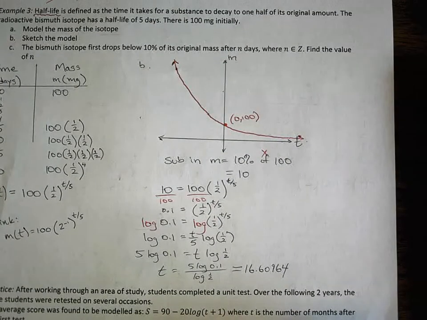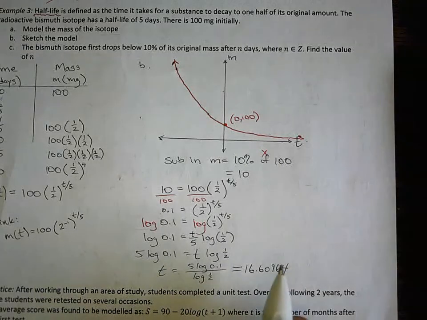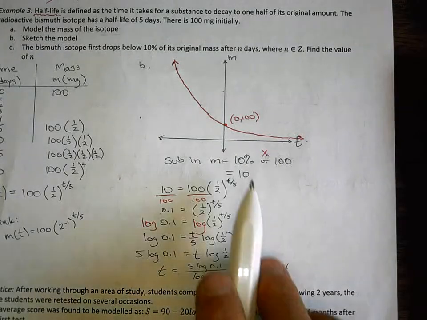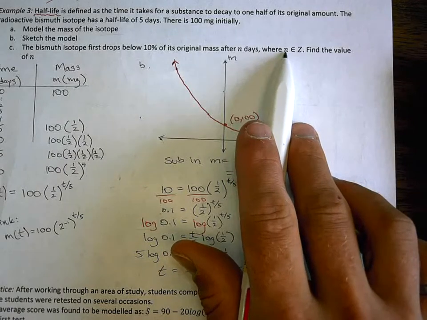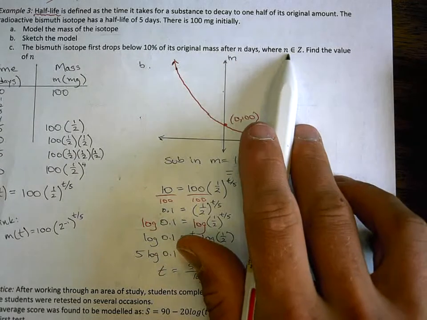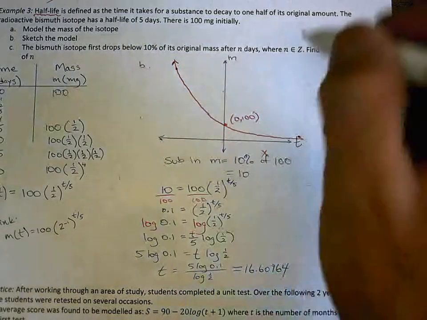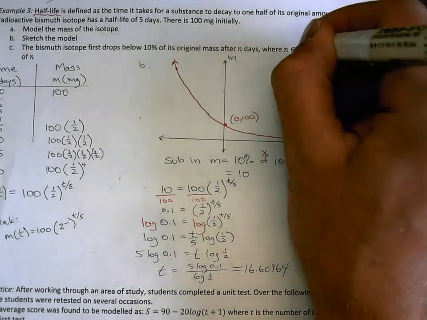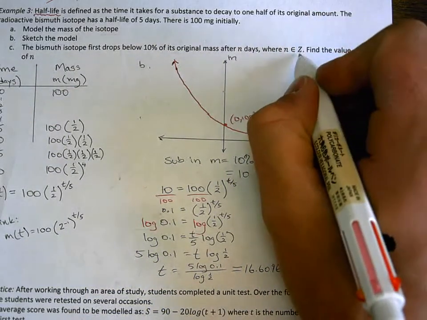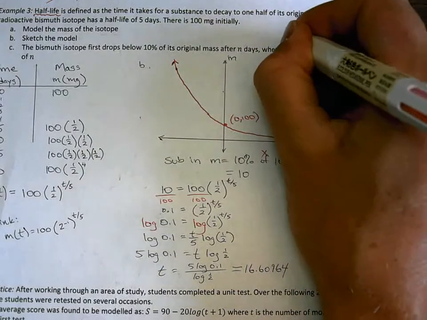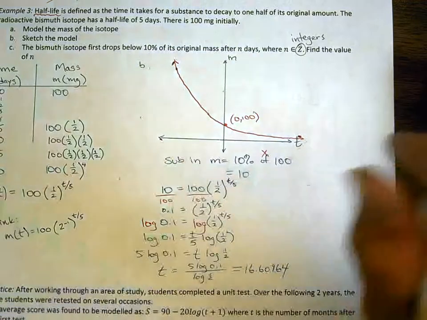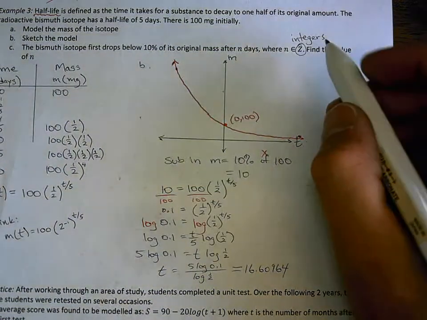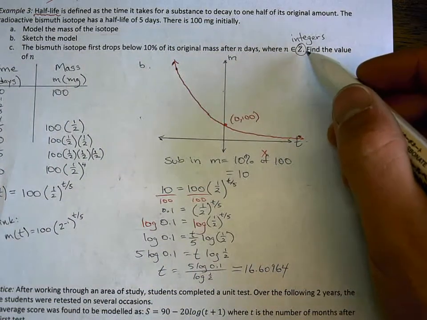So now what do I round to? Do I round to 16.6? Be very careful. They're telling you that the number of days belongs to Z. This is one of my number families, and Z means integers. Right? You have whole numbers, natural numbers, integers, real numbers.